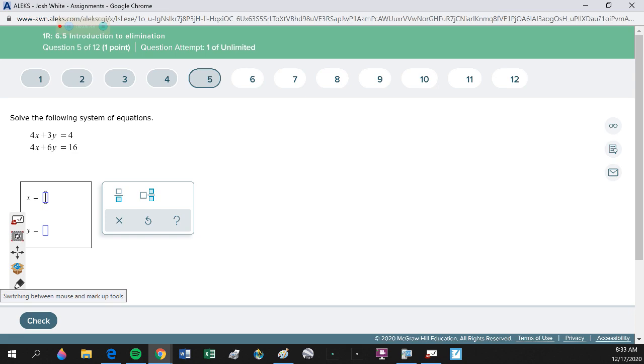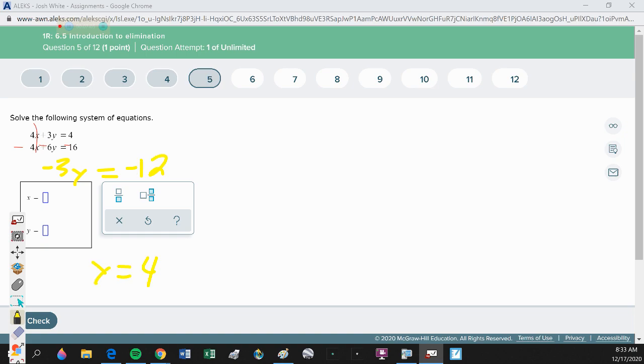Okay. This one, I need to multiply one of them by -1, so I just change the signs, and they all become negative. The x's cancel. 3y minus 6y is -3y. 4 minus 16 is -12. So y is 4. Okay.